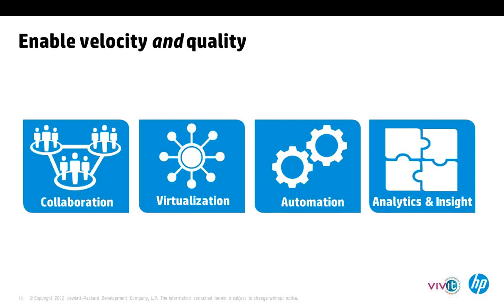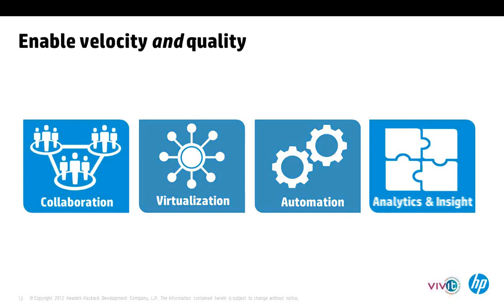The manual efforts can be overcome by automating, and automation with respect to testing is something I will delve upon, and how it can be achieved in the agile delivery process through continuous integration will be a focus in this presentation. And finally, the analytics and insight are really important to get rid of the inefficiencies caused due to the information gaps.